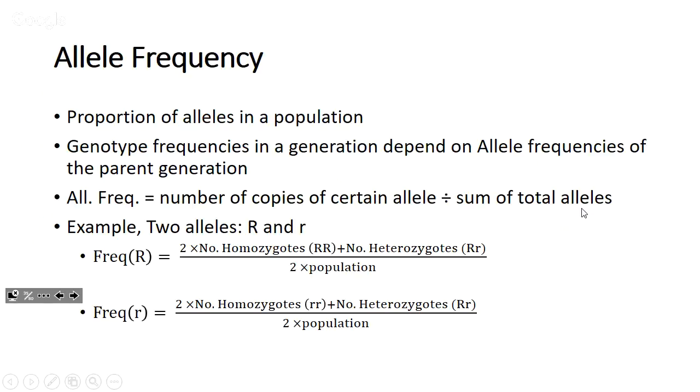We multiply the number of homozygotes by 2 because they have 2 of the same allele inside their nuclei. But the heterozygotes, we don't need to multiply by 2 because they've only got 1 of each. And we divide that by double the population. We just do the reverse with homozygotes that actually express the recessive trait when we want to figure out the recessive allele's frequency. Okay.